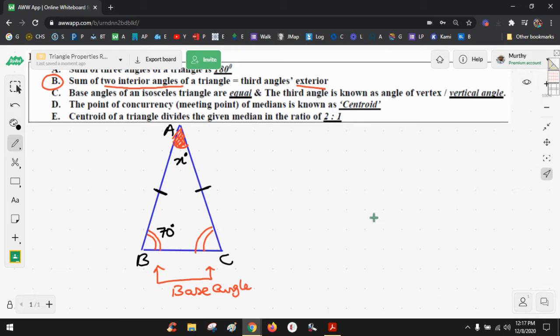We know that the sum of three angles of a triangle equals 180 degrees. Always keep this point in mind. Please don't directly jump into the solution part, because if you don't write the rules again and again, you may forget.